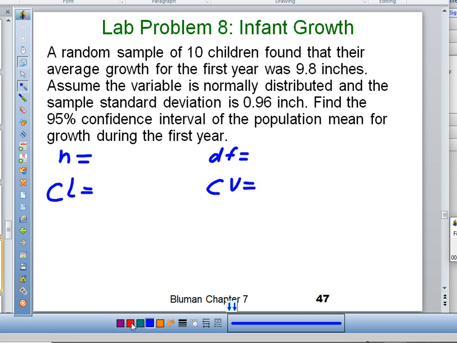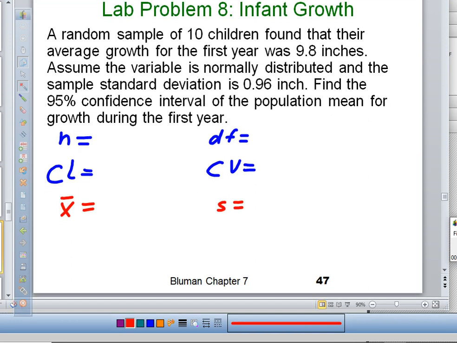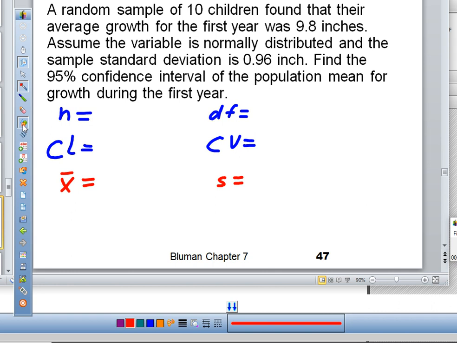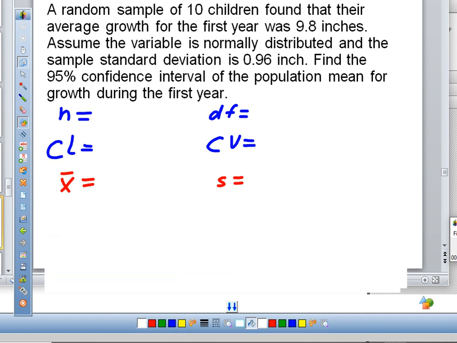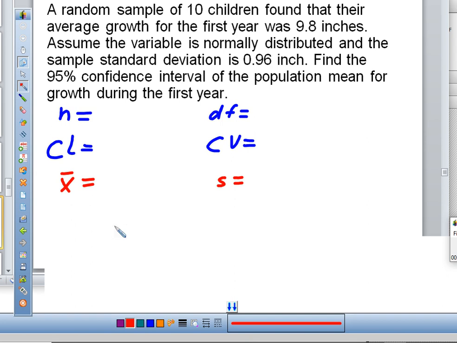You're also going to need to figure out what your x bar is and what your s is. Go ahead and find those, and maybe we'll check back when you've found those to make sure you're on the right page before we give you a few more minutes to solve the problem. You find your E and your confidence interval. So pause this until you find those.